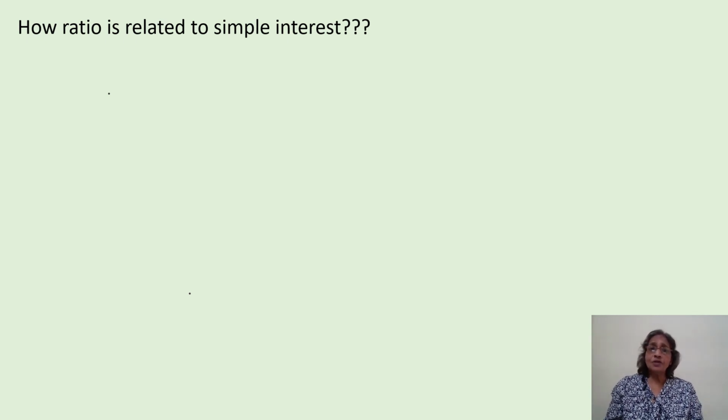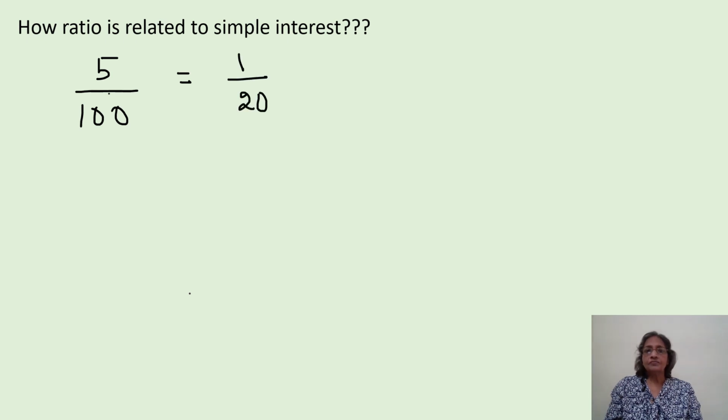So now have a look at how ratio is going to be connected, or how ratio will be related to simple interest. We had got 5%. So I'm going to put this as 5% is nothing but 5 upon 100, which I can write as, you all know, 1 upon 20. Now remember this, very, very important thing what I'm writing.